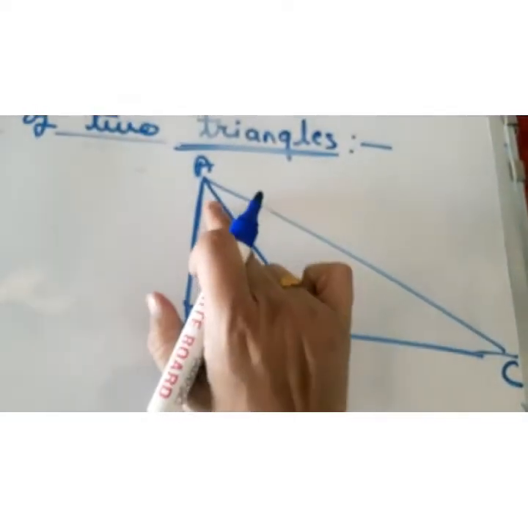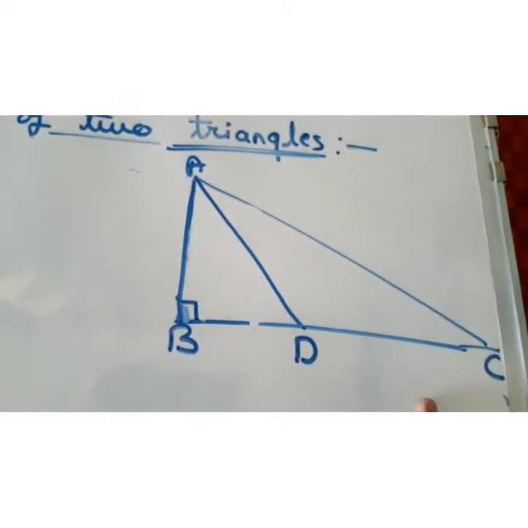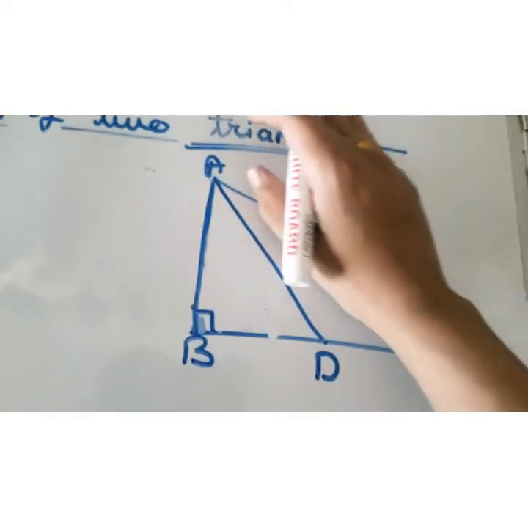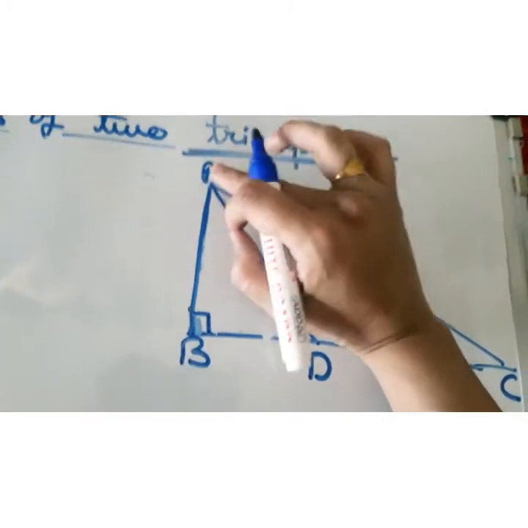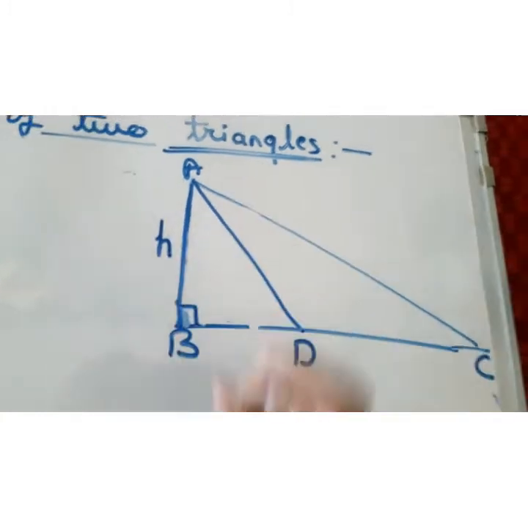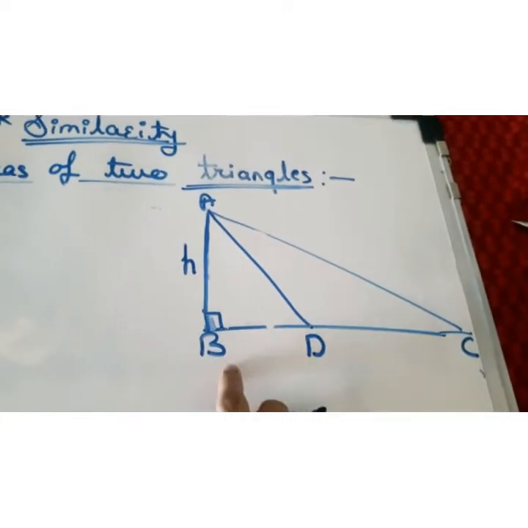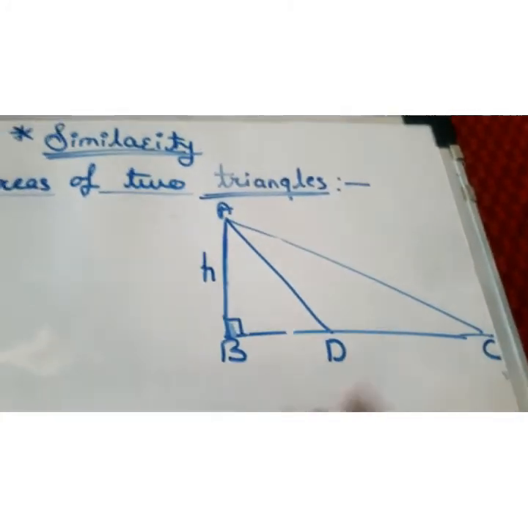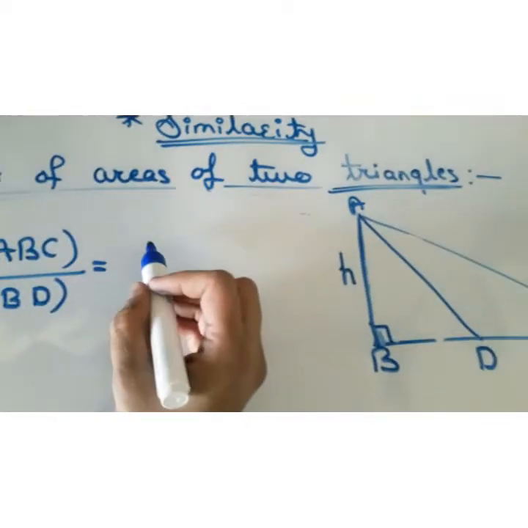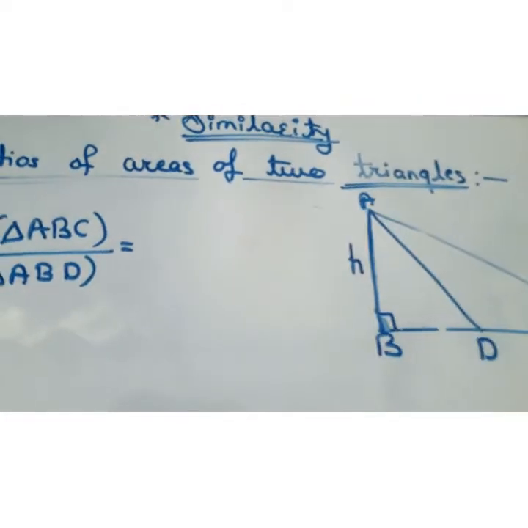Do you see that this AB is the height of this bigger triangle? And for triangle ABD, again AB is the height of this triangle. That means in both these triangles, the height is the same. So obviously, what will the ratio be? The ratio will be simply the ratio of their bases.